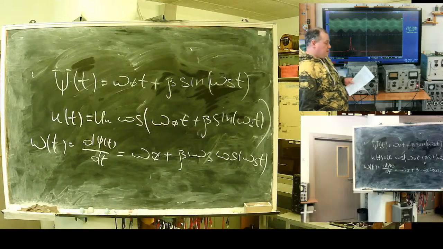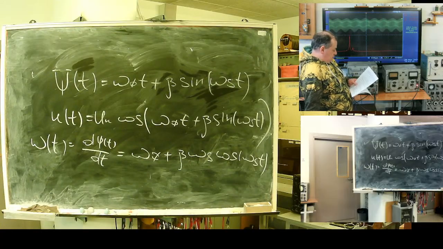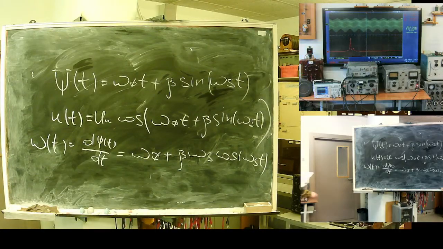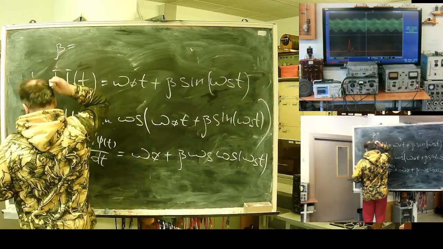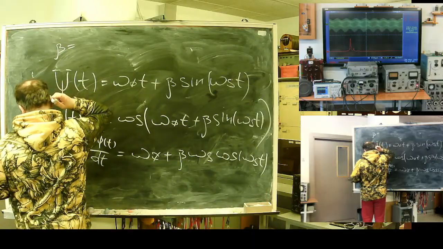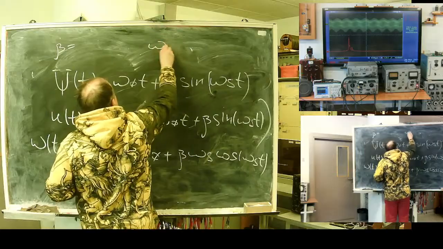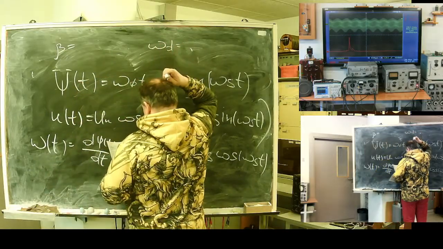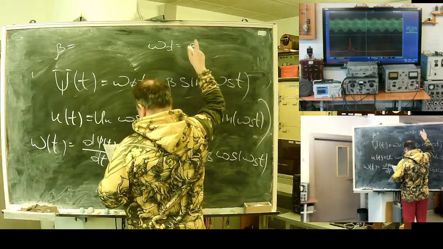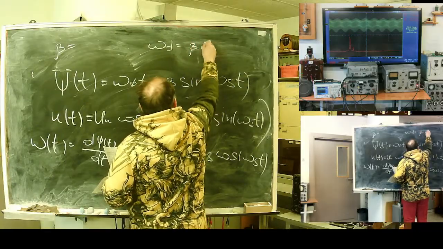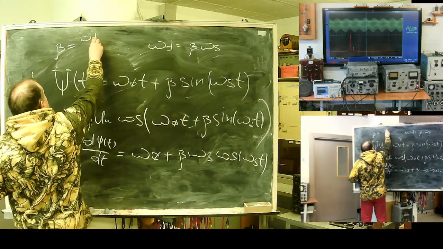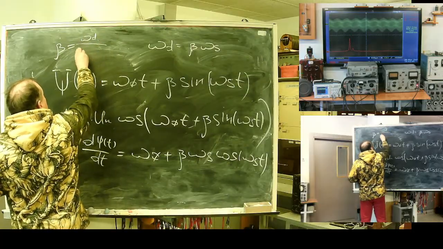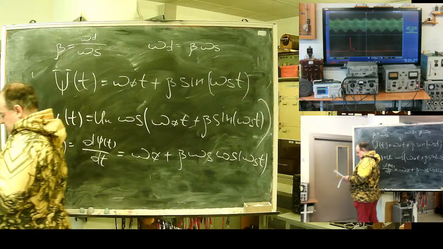Maximum deviation is beta omega s. Frequency deviation. Angular deviation index can be written as: since omega deviation is beta omega s, beta is delta omega divided by omega s in my case.